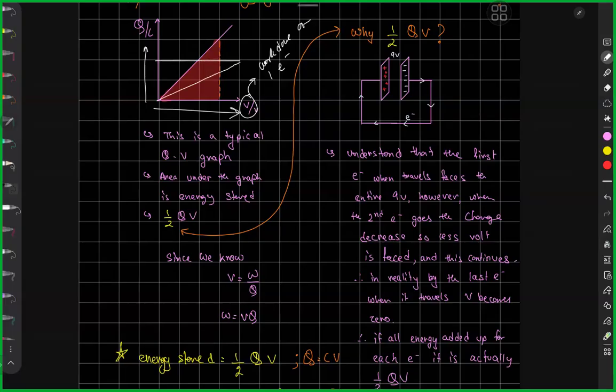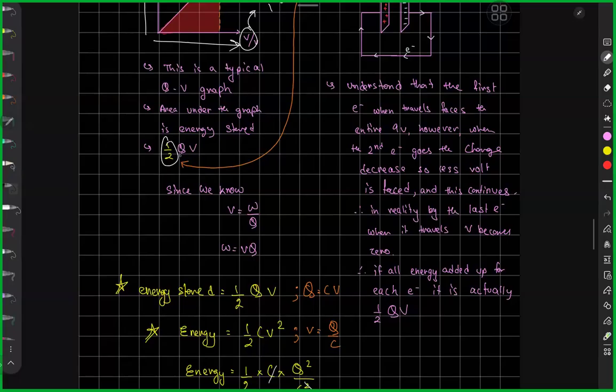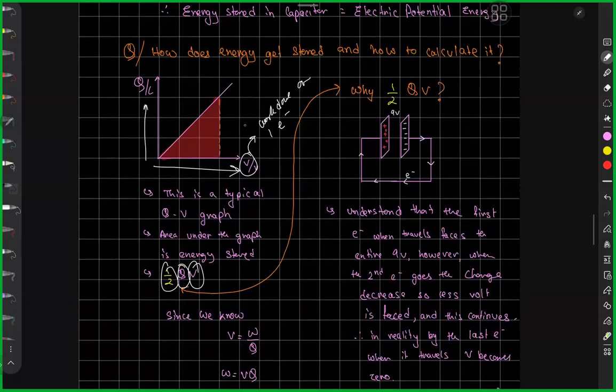And if this was the curve and this was the shaded region, then it would still be half times Q times V. How so? So half times total charge stored and the potential difference applied. Okay. Fair.